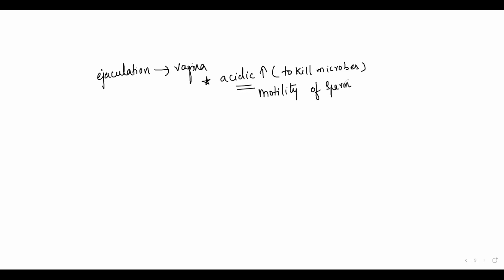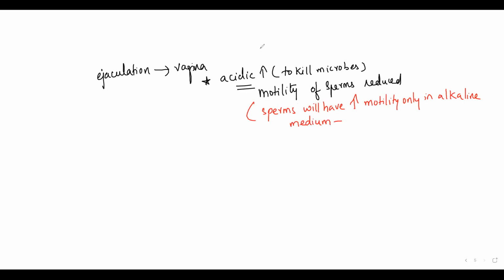Motility of the sperms is going to reduce, and you have to note, children, that sperms will have a good or increased motility only in alkaline media, which is seen where? Which is seen in the uterus as well as fallopian tubes. This point is important for us. I hope this is understood by you. So the vagina is going to be acidic in nature.